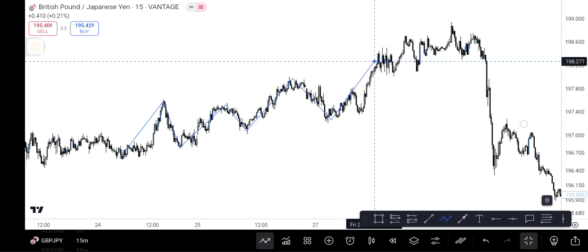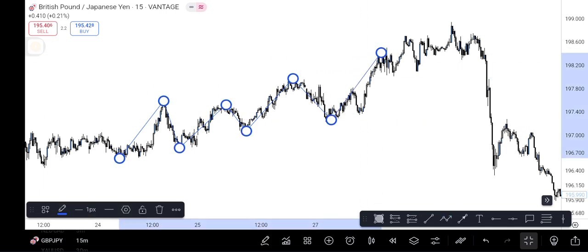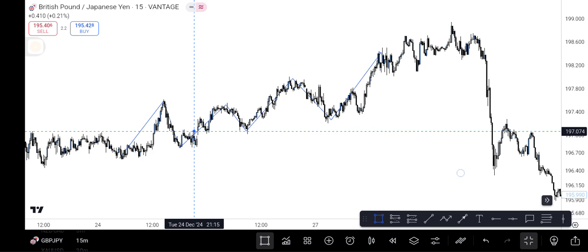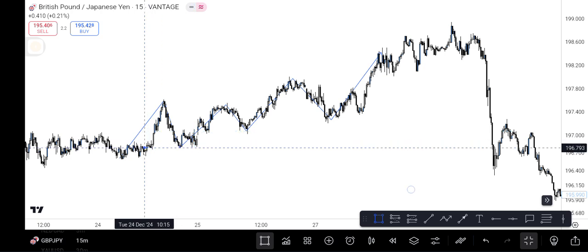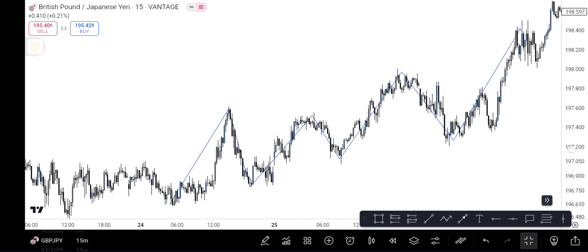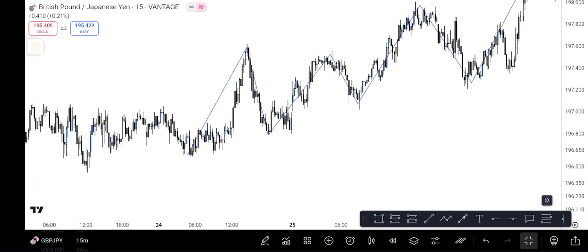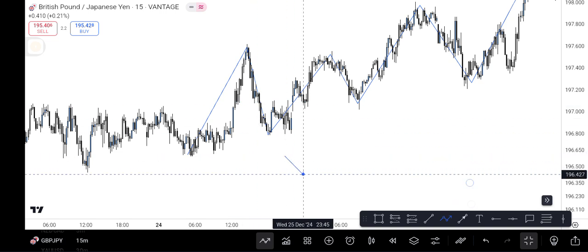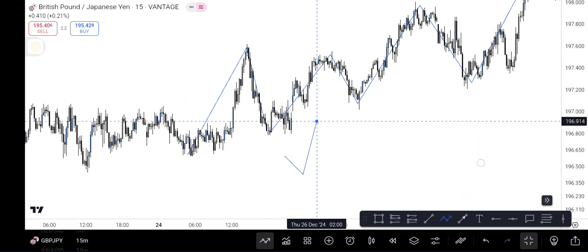So if you watch this closely, you'll see that over here, remember the way we spot our supply and demand zones: in an uptrend, the demand zone is the last sell candle before the impulsive move. That is the impulsive buy. Remember what we said, that it is gathering the momentum so that it can break structure.